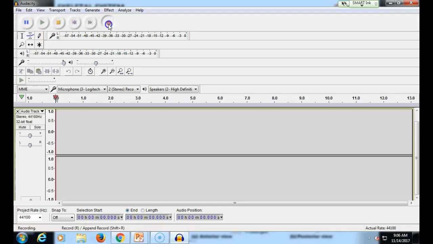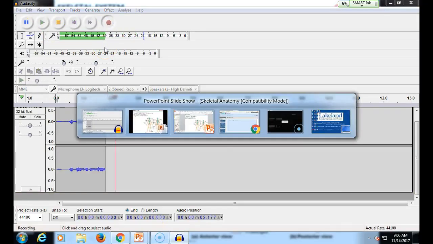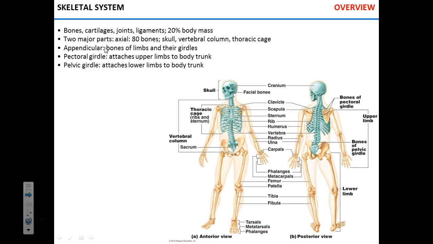We have finished our conversation regarding the anatomy last time, and today we're going to chat about the anatomy of the skeleton. Bones represent about 20% of the mass of your body, and the skeleton consists of two major parts: the axial skeleton, which is shown in this picture in blue.